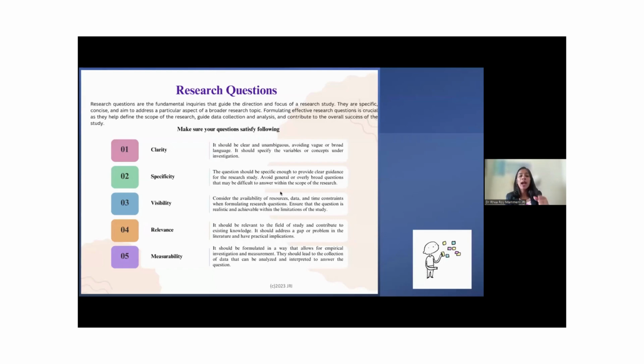Right? Now, while framing the research question, there are 5 things that you need to keep in mind. First is, of course, clarity. You need to be specific. So, for example, there's always a disagreement or a discussion that happens in the academy about whether the hypothesis comes first or the research question comes first. Because what leads the other?